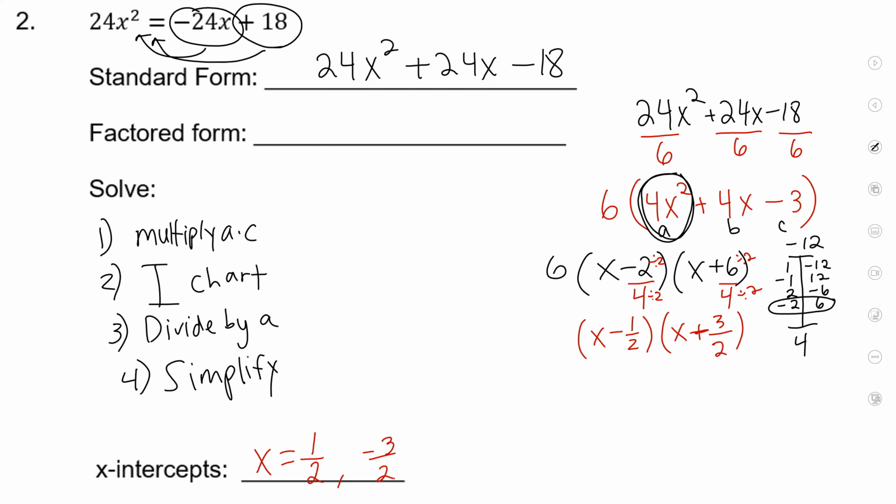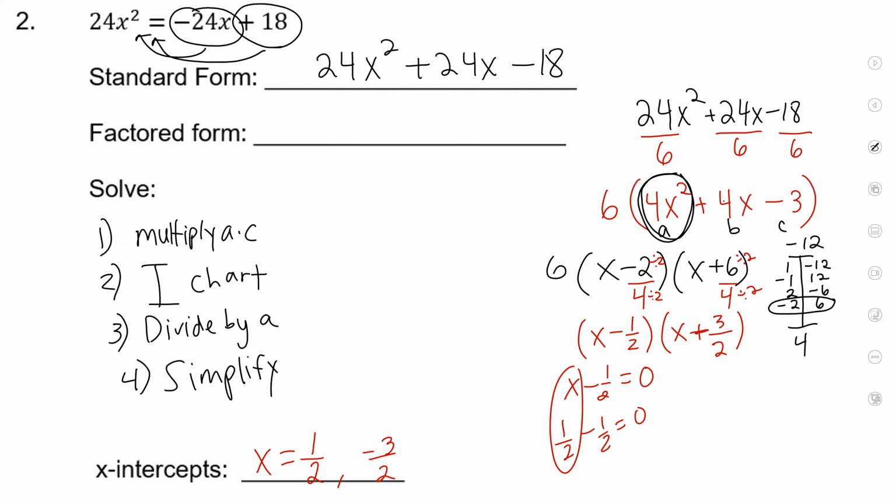And the reason why is, guys, if I set this equal to 0, well, what number minus 1/2 is 0? 1/2, right? 1/2 minus 1/2 is 0. That means the x value is 1/2. Here, -3/2 plus 3/2 would give you 0. So those x values are going to be opposites.